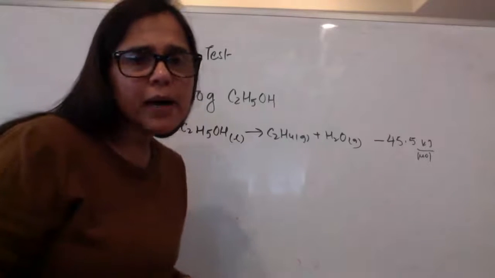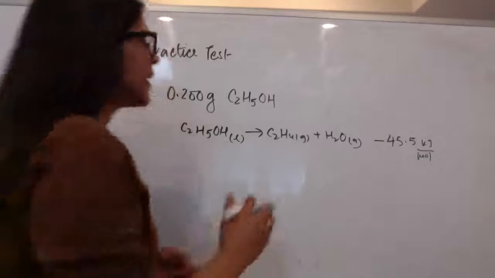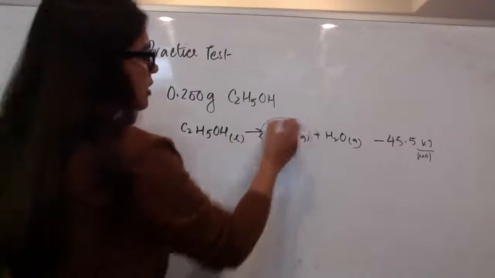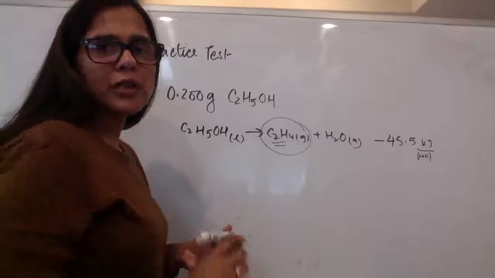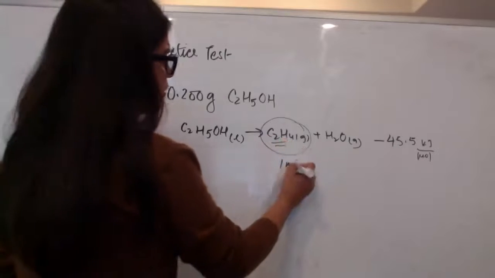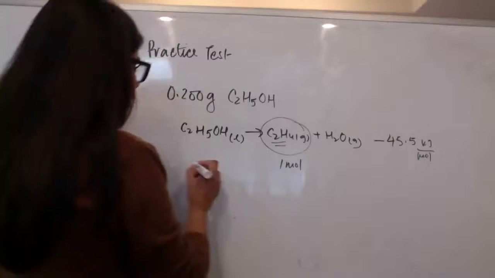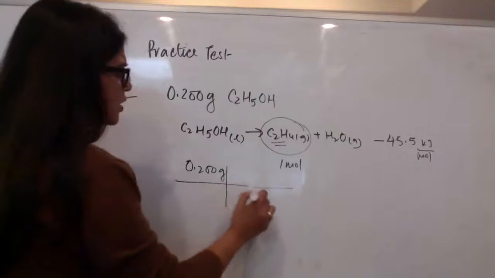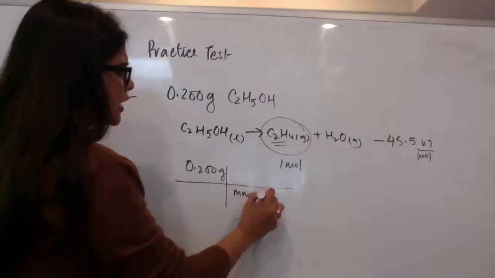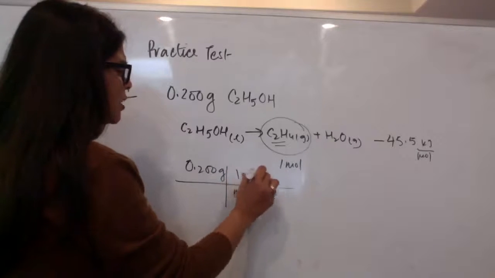So with this amount, how many moles of ethylene are you using here? You are using 1 mole, right? Or you're producing 1 mole. So if you use 0.200 gram, you convert using the molar mass of C2H4, 1 mole, right?